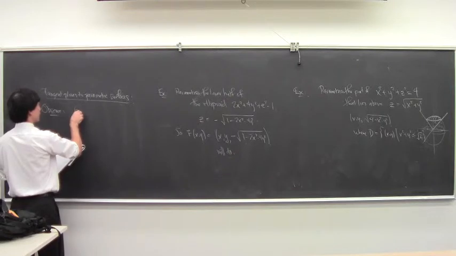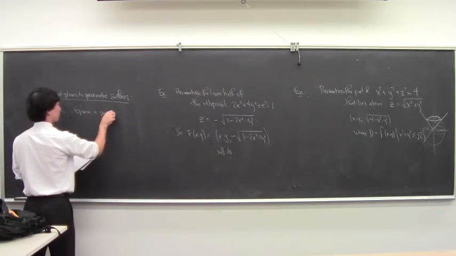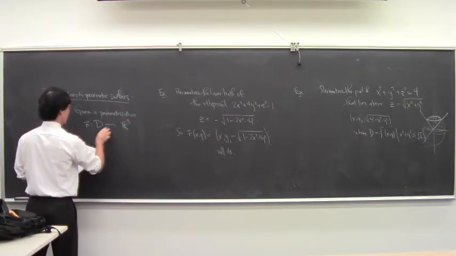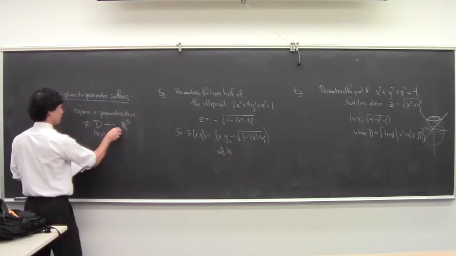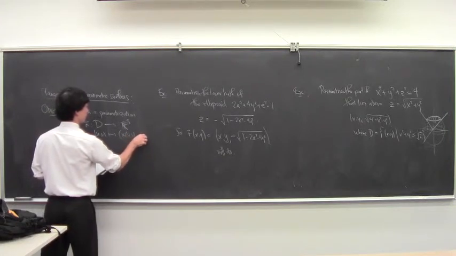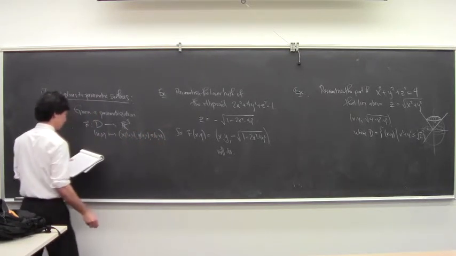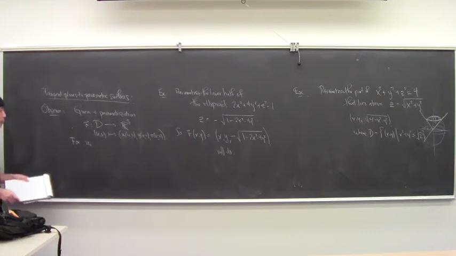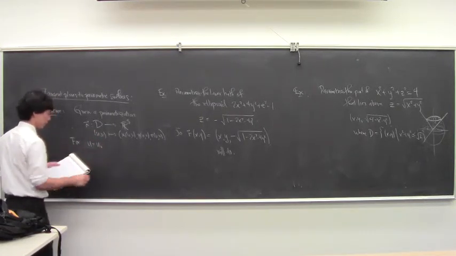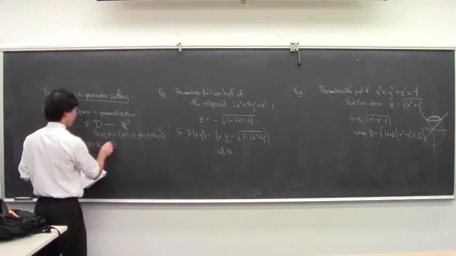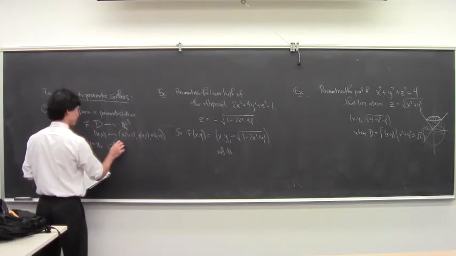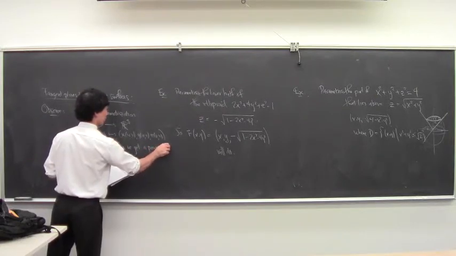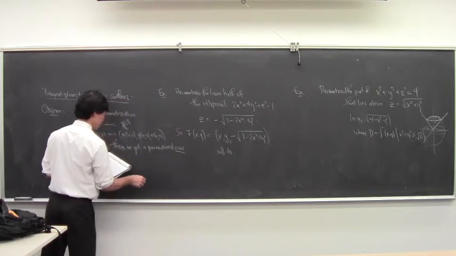If you have a parametrization R from R^2 to R^3 as before, taking (u, v) to (x(u,v), y(u,v), z(u,v)), and you fix u as u naught, then of course that gives you a parametrized curve on the surface.